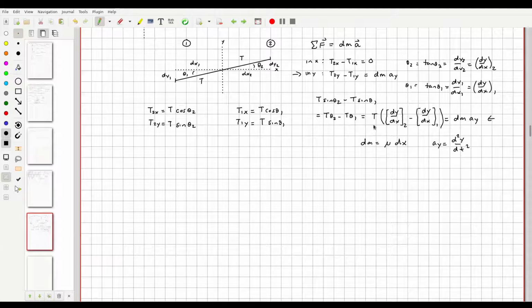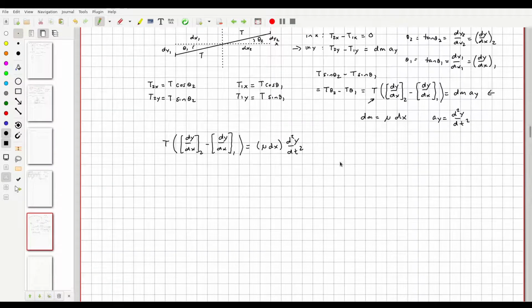Okay, so I'm going to write it over here: T times dy dx in 2 minus dy dx in 1 on the left-hand side is equal to mu times dx times the second derivative of y with respect to time.